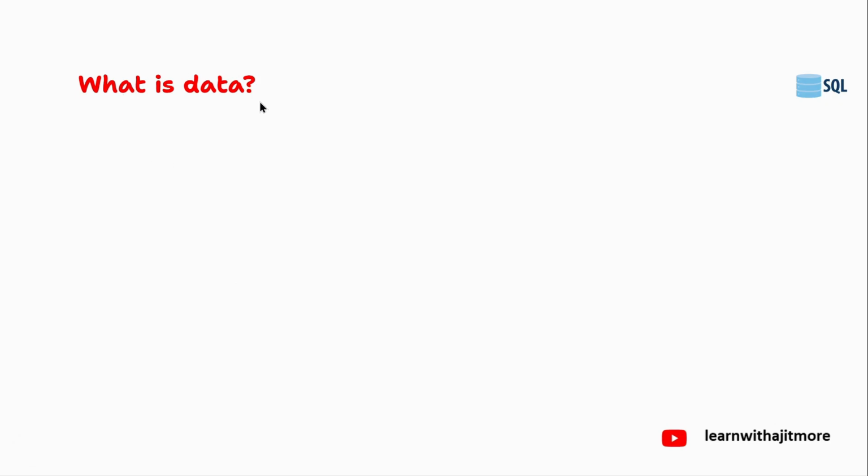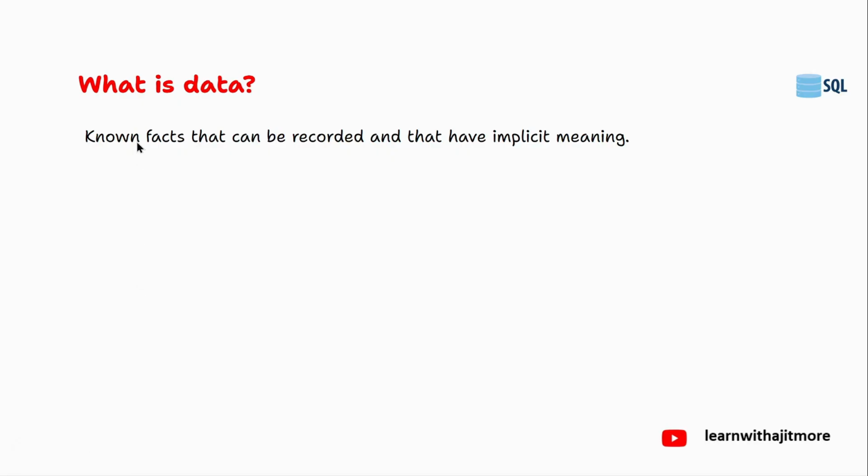Okay. So what is data? As I said, it is known facts and figures which can be recorded. Like your names, phone numbers, emails, age, gender, addresses, all are data only. So known facts that can be recorded. Today we are recording in digital form. Previously, they used to do it using pen and paper.